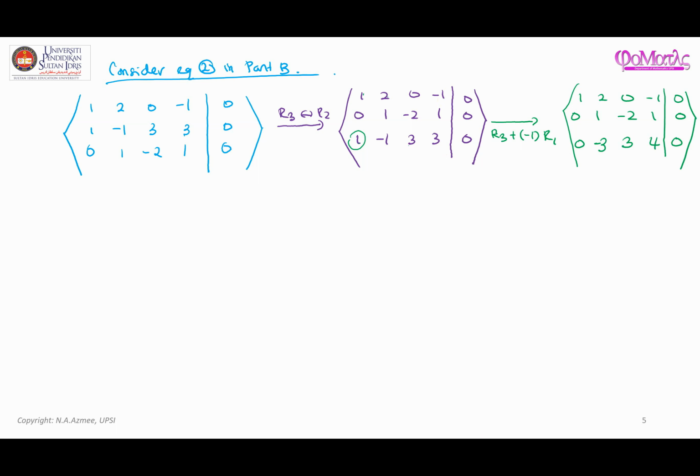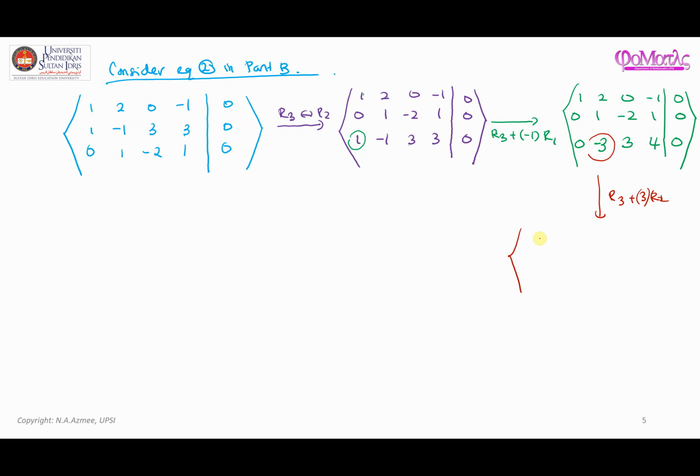Okay, so next I shall turn this into 0. So R3 plus 3 R2.